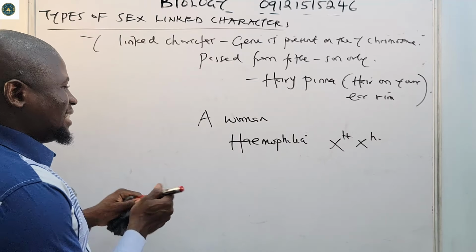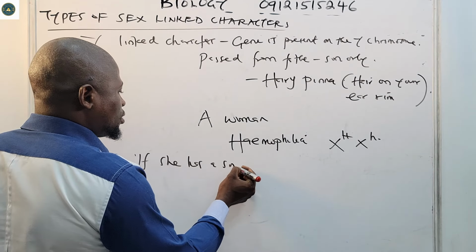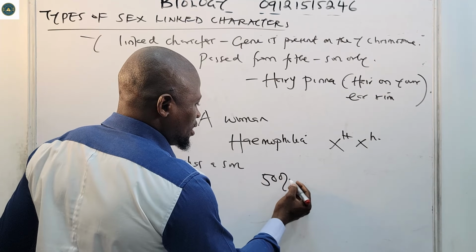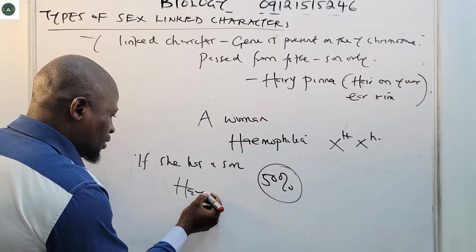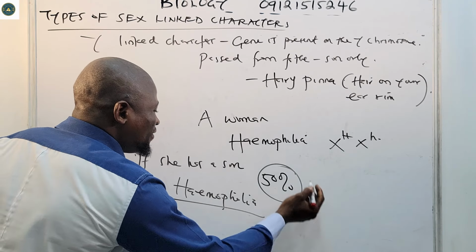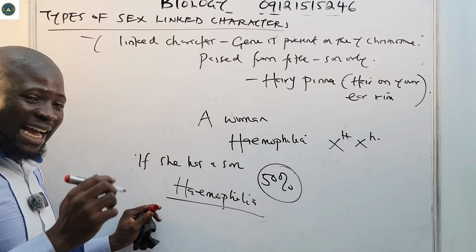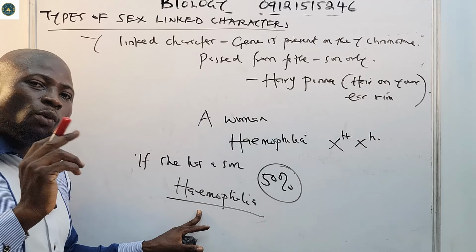Now, if she has a son, okay, what will happen? There's a 50% chance that the son will also have hemophilia. There's a 50% probability, 50% chance that the son will also have hemophilia.